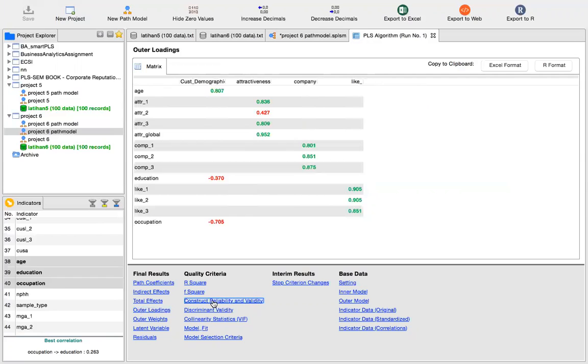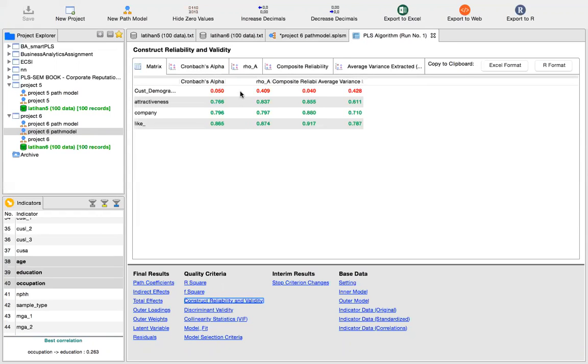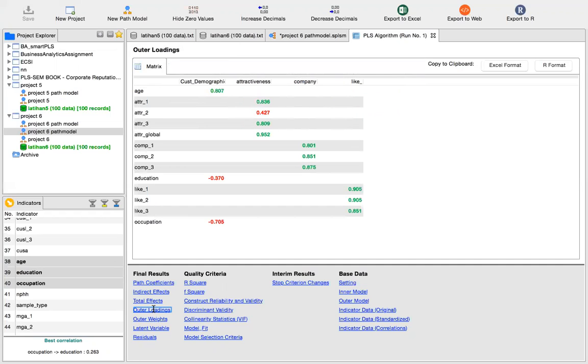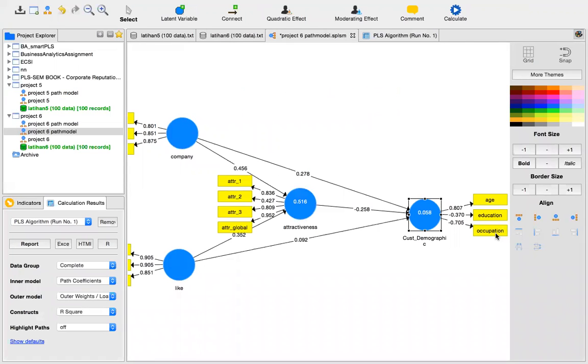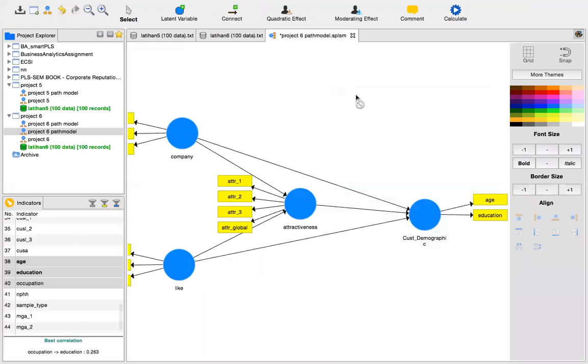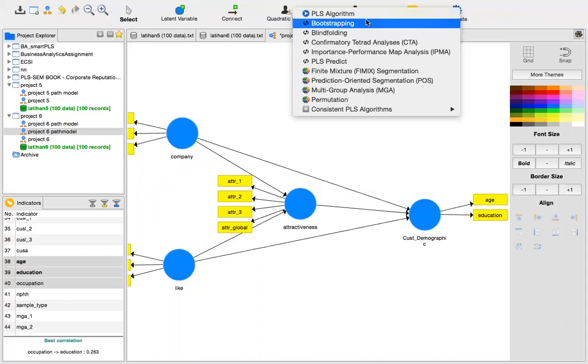In this case, it's customer demographic. I go here, we'll delete occupation. Then calculate.